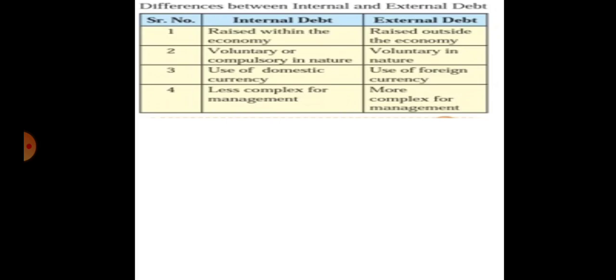Internal debt uses domestic currency, and external debt uses foreign currency. And what is the difference between them? Internal debt is less complex to manage, and external debt is more complex to manage. So this chart explains the conditions of internal and external debt.